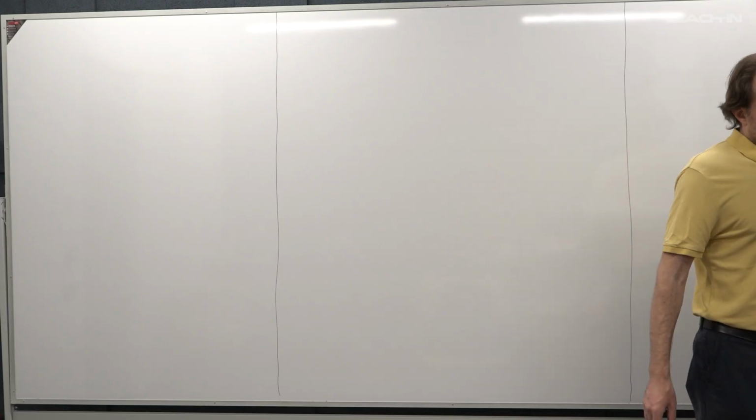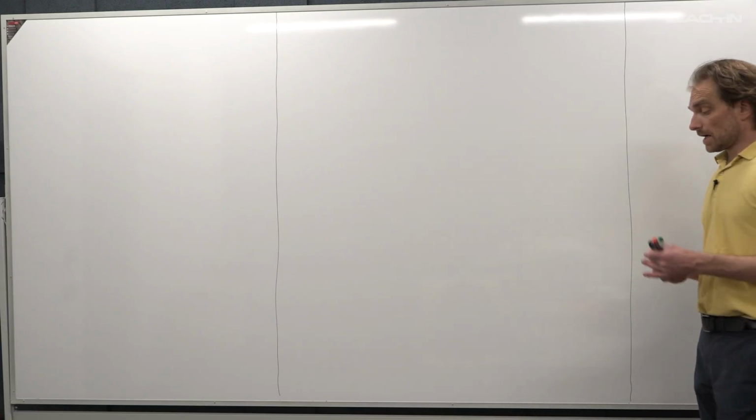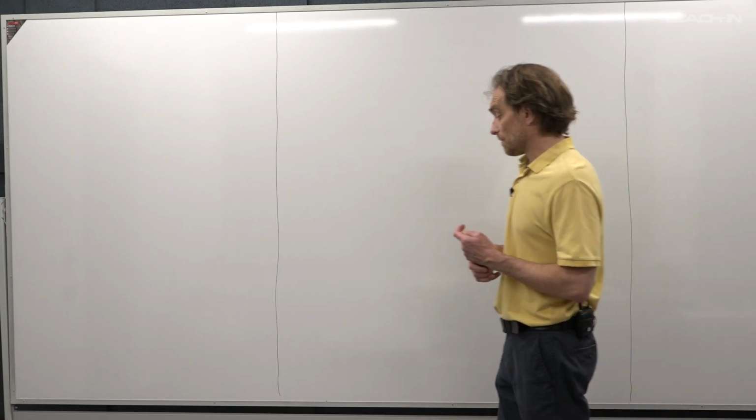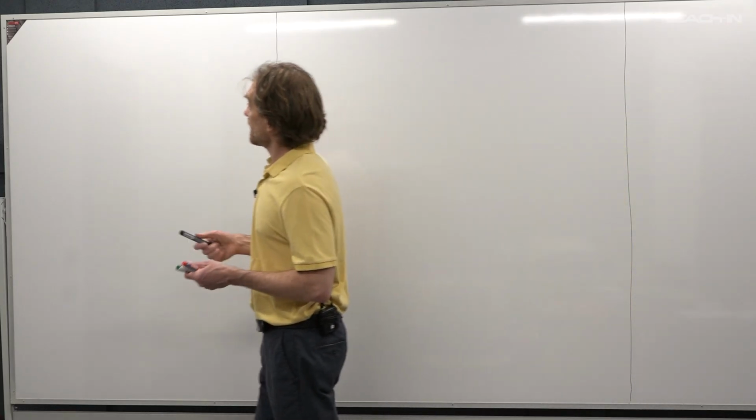So now we will give this definition of a vector space, but before I do this, I'll write that we now start the second part of this course, which is vector spaces.